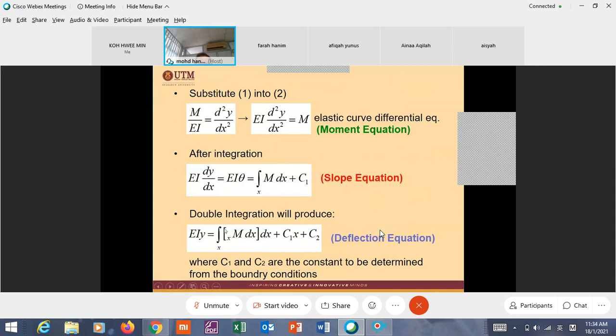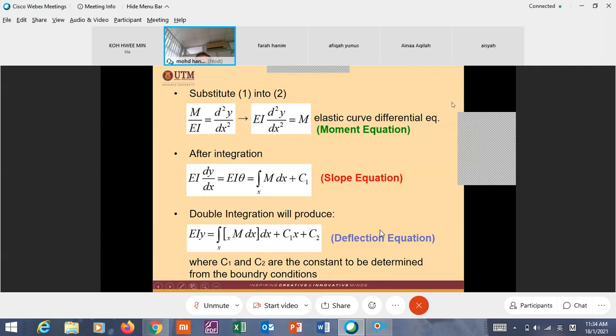C1 is a constant. And if we integrate again, when dy/dx is integrated, then we have y, EI y equals the double integral of M plus C1x plus C2. Here we have two constants, C1 and C2, and this is called the deflection equation. The earlier one is called the slope equation.